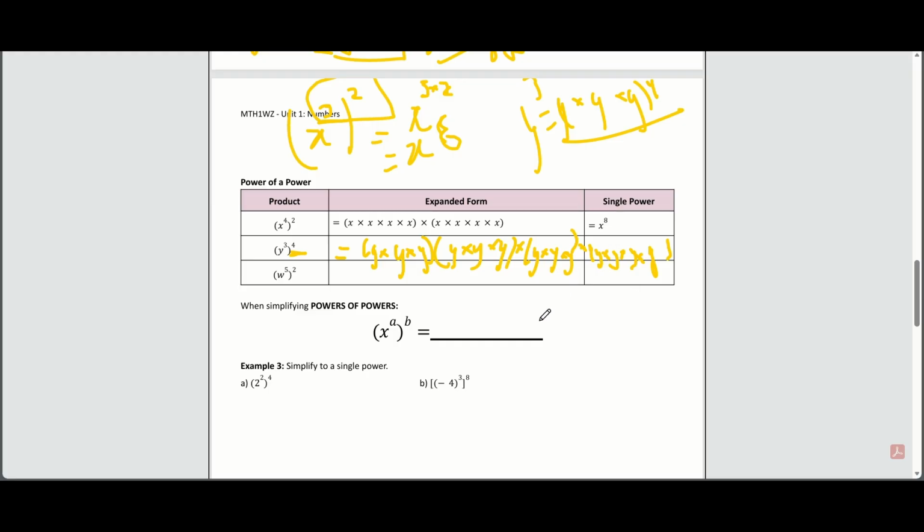But if you want to be quick with it, then instead of expanding it, we can just multiply these two, 3 times 4. Look, counting the y's, we get 12. Sorry, I was just counting the y's. So 12, and what's 3 times 4? 12 itself. So it's just y to the power of 12.